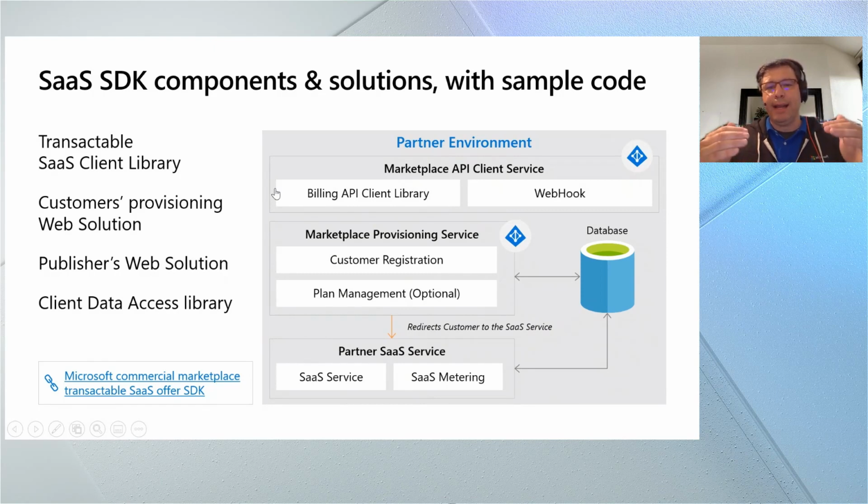That experience of getting that customer, registering them, making sure they are valid, that they came from Marketplace and not somewhere else, and then activating them for the specific plan they wanted to purchase is included as part of that solution. We also added a certain level of plan management, so the customer can upgrade or downgrade from a plan. That experience is there.